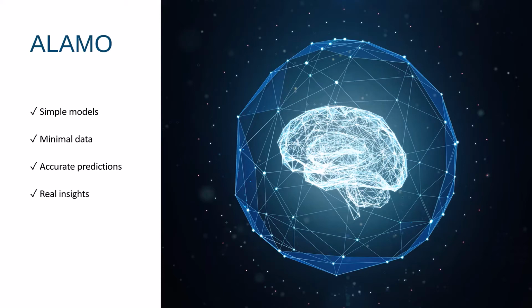In such situations, we prefer that our models be generated from as little data as possible. Finally, in many cases, model builders can provide real insights into the system under study. Using these insights, Alamo is capable of finding better, simpler models without requiring large datasets.